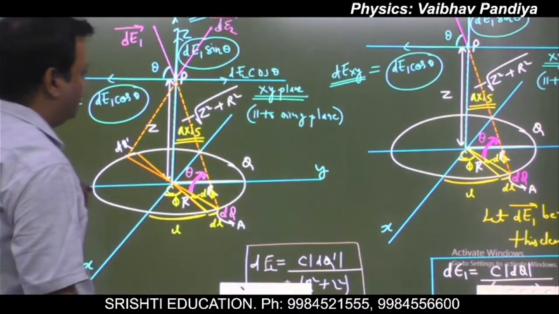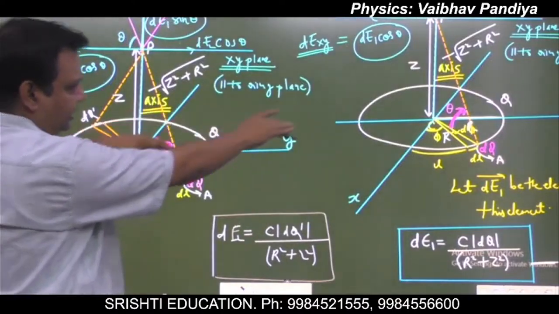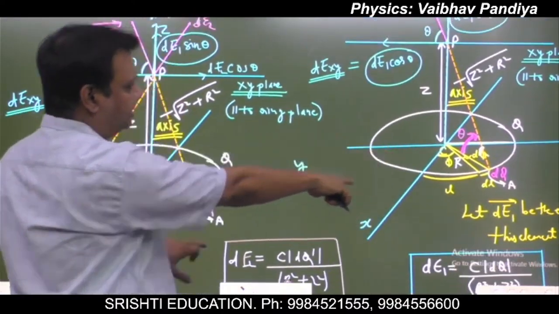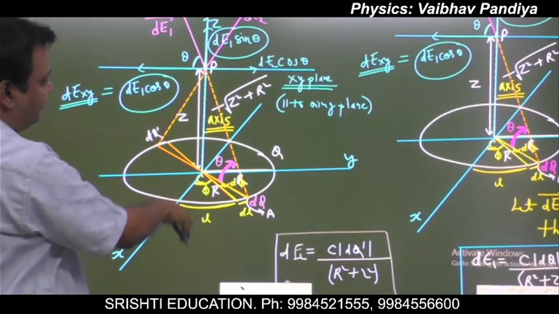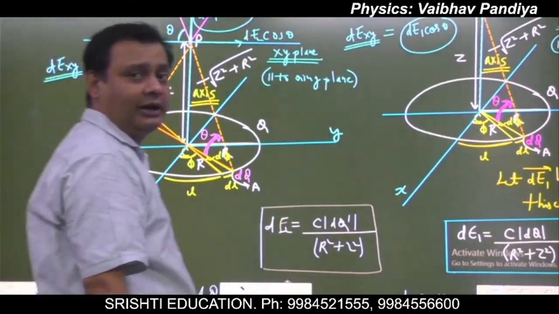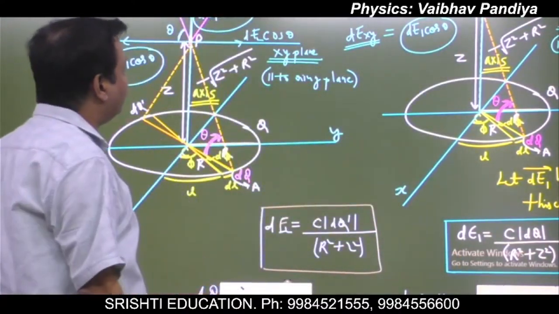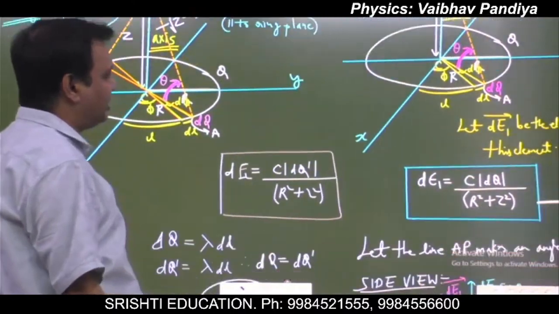Got it? This is the second figure I made for clarity. In that figure, I showed one element. In this figure, we are indicating two symmetrically located elements so that both give the components dE1 and dE2 cos theta in the xy plane. And along the z axis, both the components are upward, dE1 sin theta and dE2 sin theta.